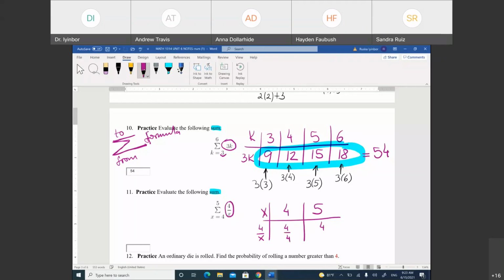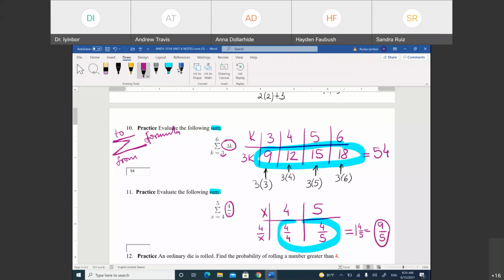So I'm going to add those two numbers. 4 over 4 is 1. So what is 1 plus 4 over 5? Here, you know, WebAssign doesn't like decimals, so I'm going to leave it as a fraction. So 1 and 4/5, or when you change it to improper, it's going to be, what is that? 9 over 5, right?